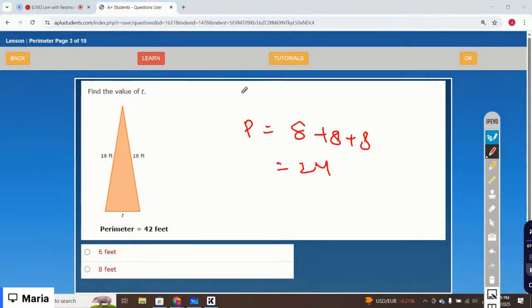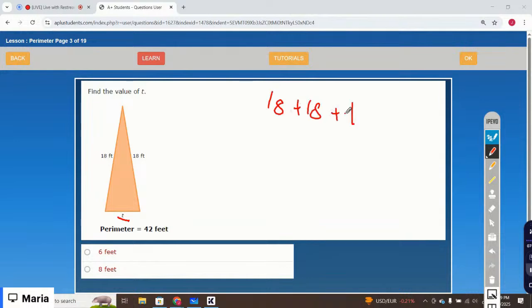So we are given the perimeter that is 42. We need to find the side length t. We know that the sum of all the sides equals the perimeter, right? 18 plus 18 is 36. Just subtract 36 from the perimeter, then that would be 6 feet. So t equals 6.